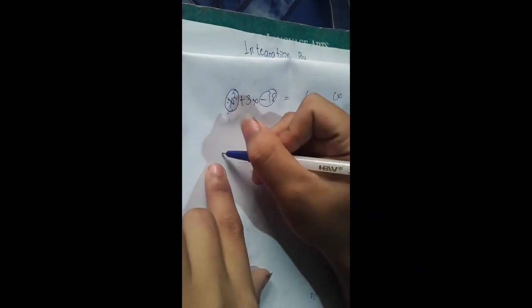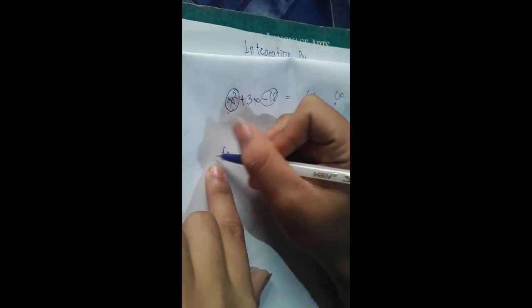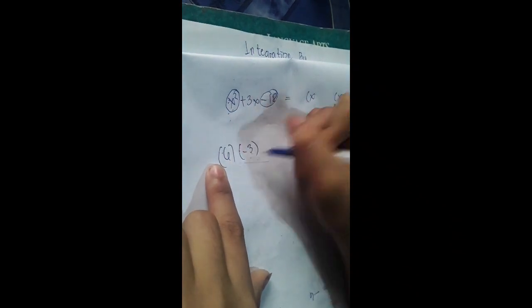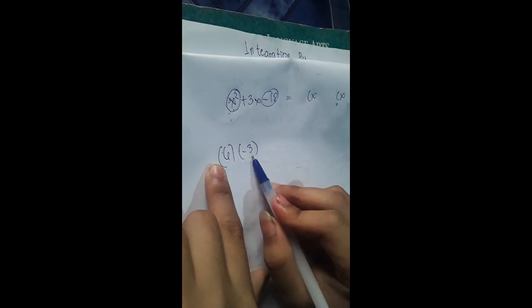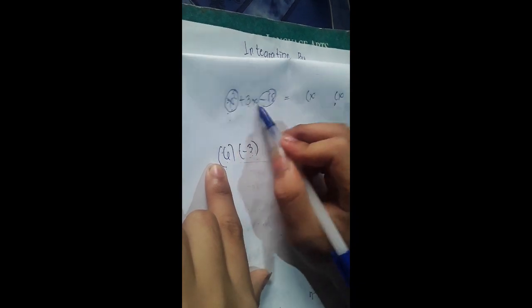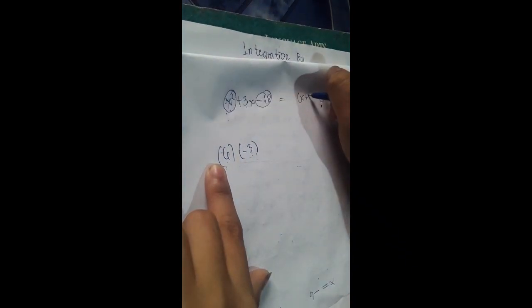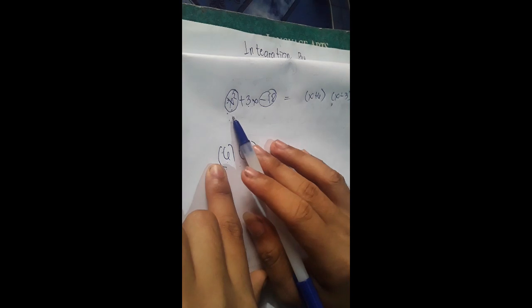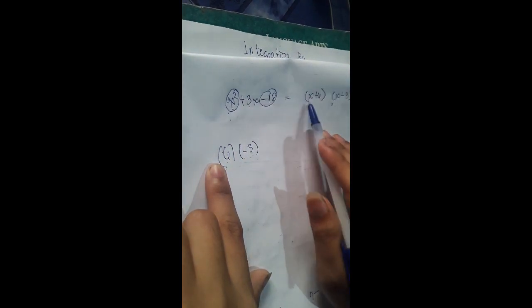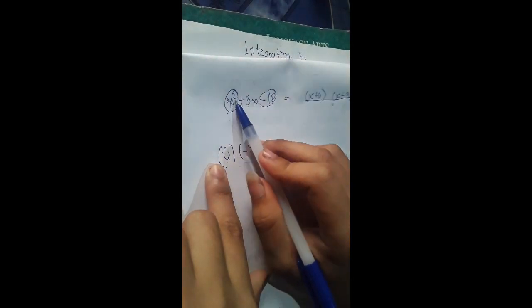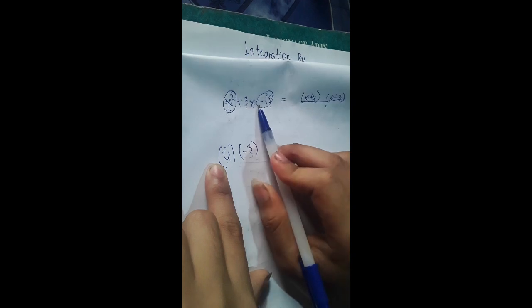That is 6 times negative 3. Why? Because if we multiply these, we get negative 18, and if we add them, we get 3x. So we put here plus 6 and minus 3. On the right side, this is equivalent to x squared plus 3x minus 18.